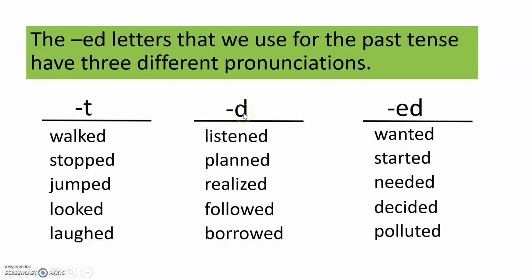I hear the sound of d. It's also a quiet sound, but it sounds more like a D than a T. So you hear listened, planned, realized. It doesn't have that same sort of airy sound. This is t, and this is d.